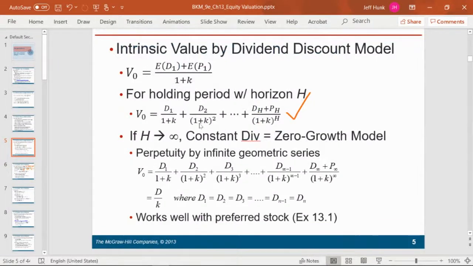But how does this 1 plus k raised to n, the discount factor, how does that 1 plus k, 1 over n, how does that turn into k minus g, right?